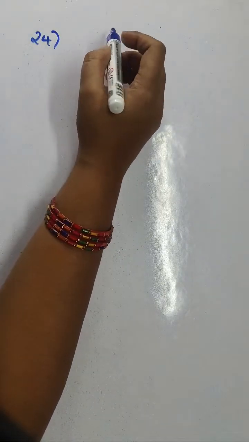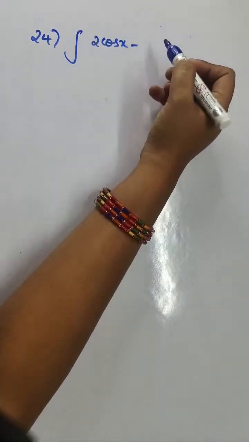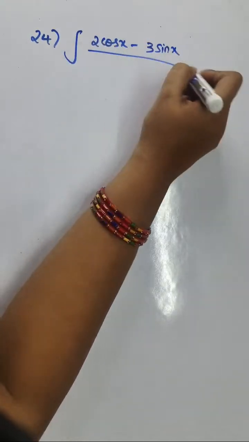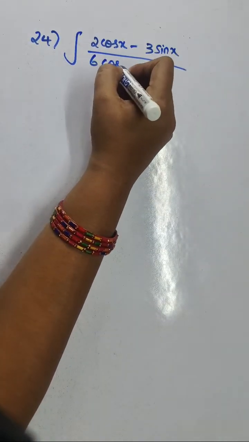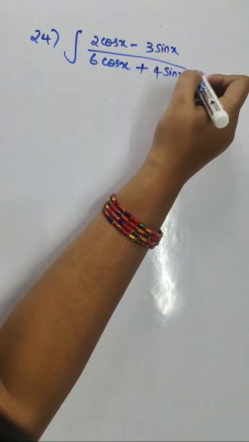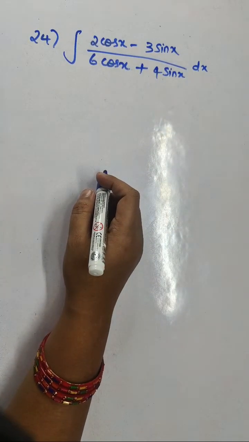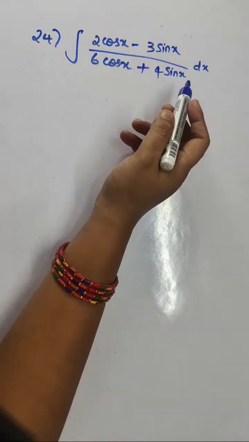So question number 24, 2 cos x minus 3 sin x the whole by 6 cos x plus 4 sin x dx. How to solve this question? If you see, in denominator can we take 2 as common?